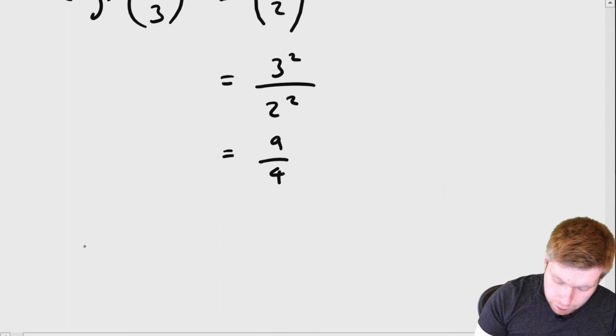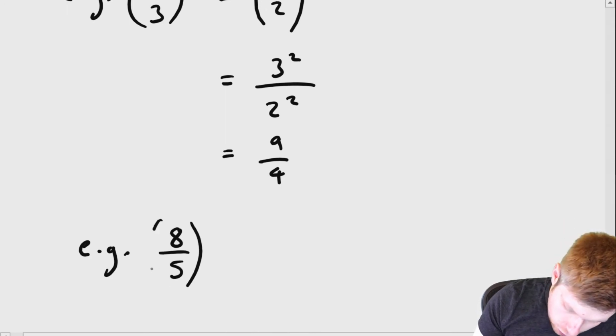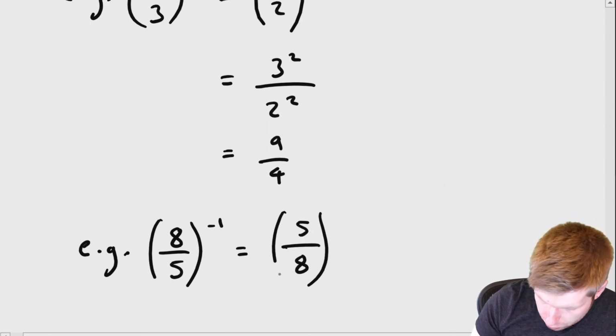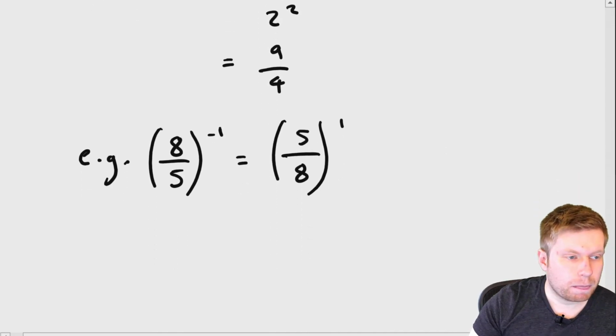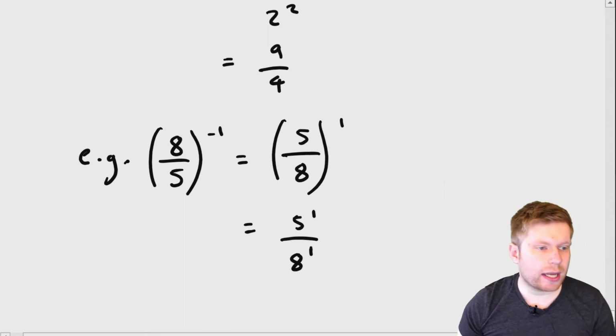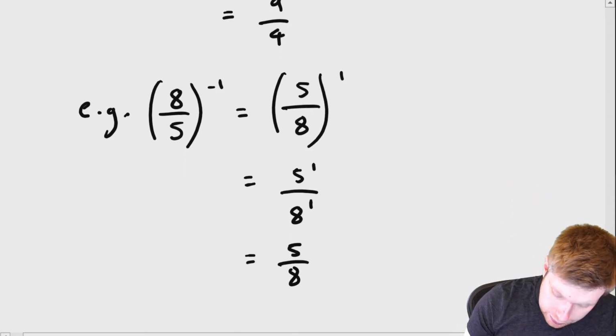As another example, let's suppose we have 8/5 to the power of negative 1. That's going to be 5 over 8 raised to the power of positive 1, or 5 to the power of 1 over 8 to the power of 1. So the power gets distributed over the numerator and denominator. Or we can just simply write that as 5/8.